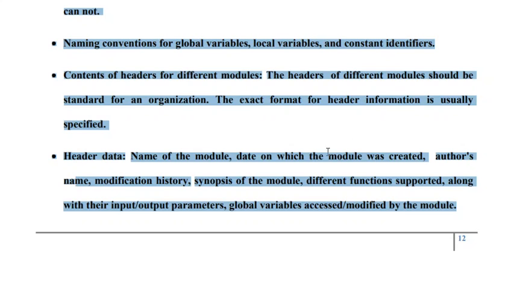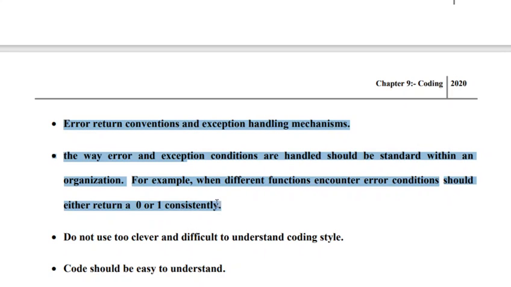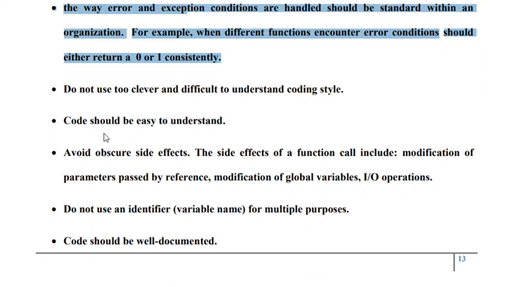So this should be the content of the module header, right? Now, error return conventions: the way errors and exceptions are handled, and how tagging of errors is done in order to make someone understand what kind of error has been committed.